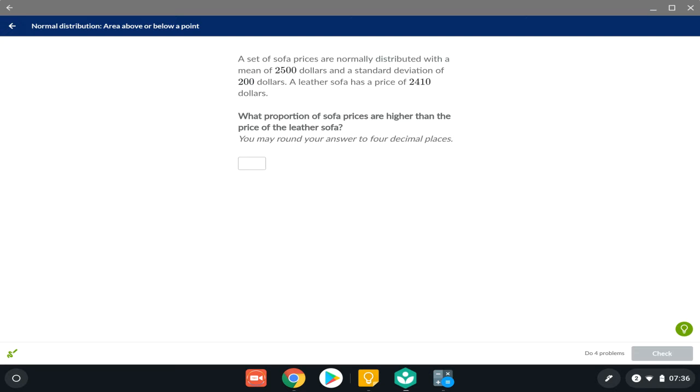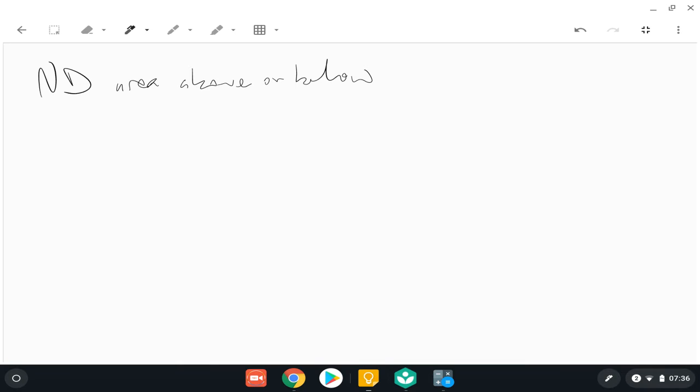So we have the problem over here. A set of silver prices is normally distributed with a mean of 2,500 and a standard deviation of 200. Here are my first two data points. Problem number one: mean equals 2,500 and standard deviation equals 200.